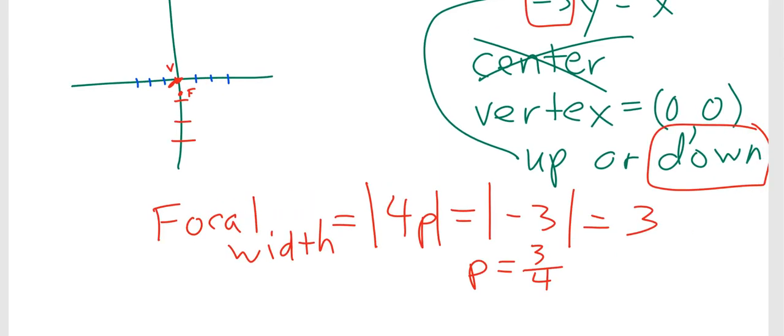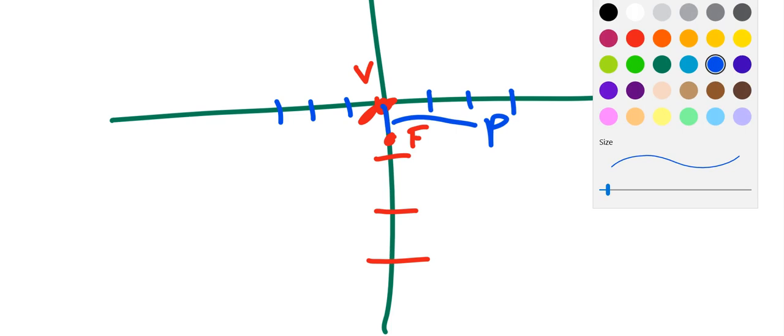It is 3 units wide. P is right there. That's the distance from the vertex to the focus. We did need to know that it was opening down so that we could know which way to go with the focus. How far right and how far left should I go so that my focal width is only 3 units? 1.5.